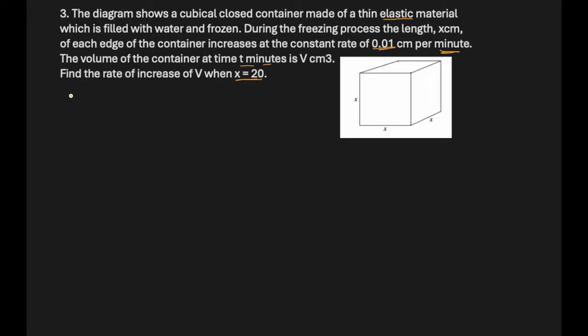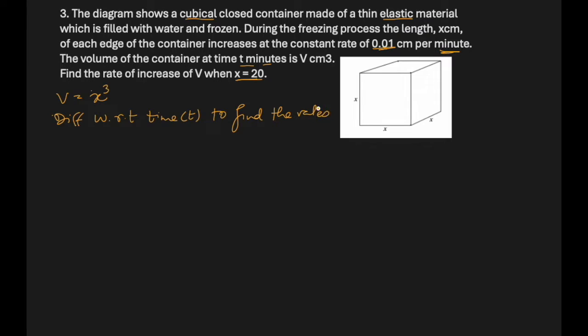So let's find the volume first. We should make an equation for volume in this case, and the volume of a cube is x cube, right? Now we will differentiate with respect to time to find the rate.